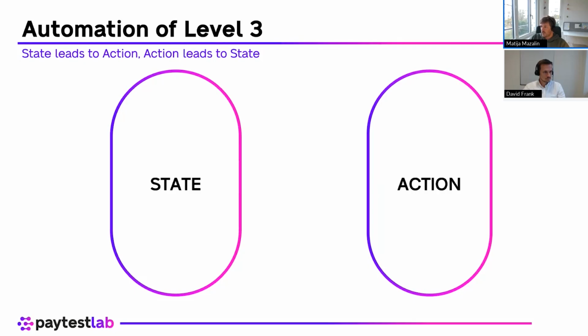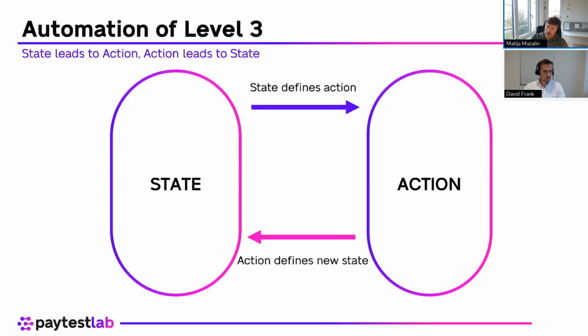In order to fulfill this goal, we need to execute all the steps that are necessary for a transaction to be successful. So what we do is we try to figure out in what kind of state the terminal is at the moment sitting in. And then, based on the state we are in, we define the action. Once we have the action executed, we need to check again in what state the terminal is in.